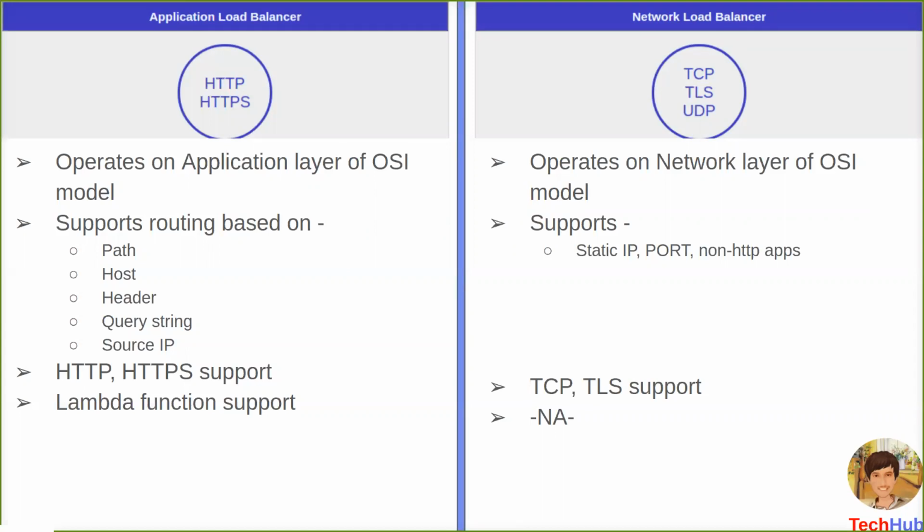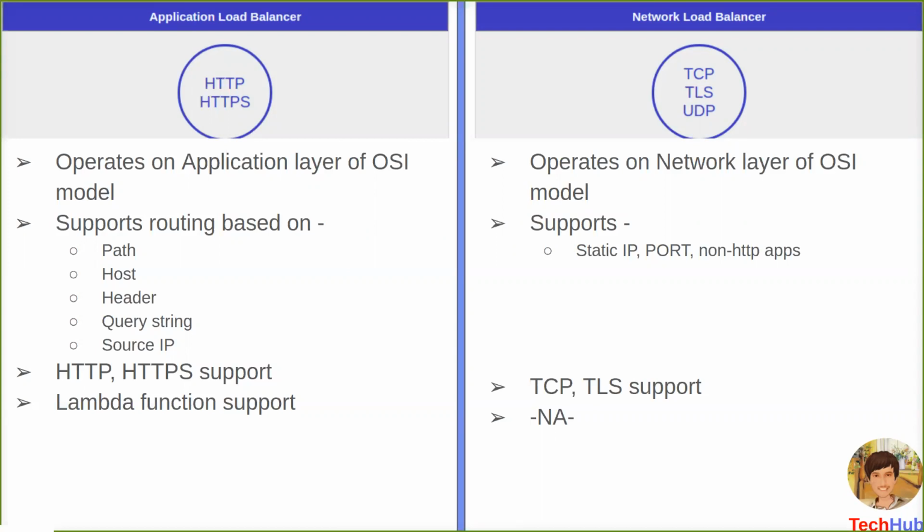The network load balancer makes routing decisions at the transport layer, where TCP and SSL protocols are handled. It can handle millions of requests per second, and it attempts to open a TCP connection to the selected target on the port specified in the listener configuration, and it forwards the request without modifying the headers.